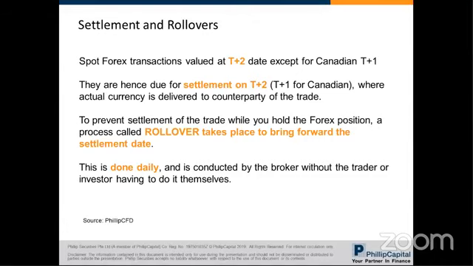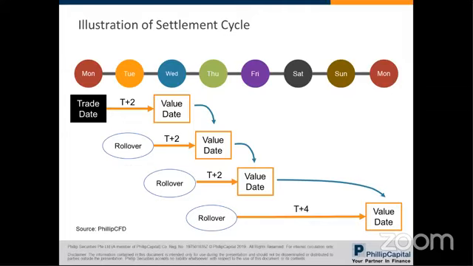So you don't need to do the physical rollover. We will do it for you. As long as you want to hold more than 1 day, rest assured that behind the screen we're already doing the rollover for you. As an example, if you place a trade on Monday, the value date of the contract will be on Wednesday.